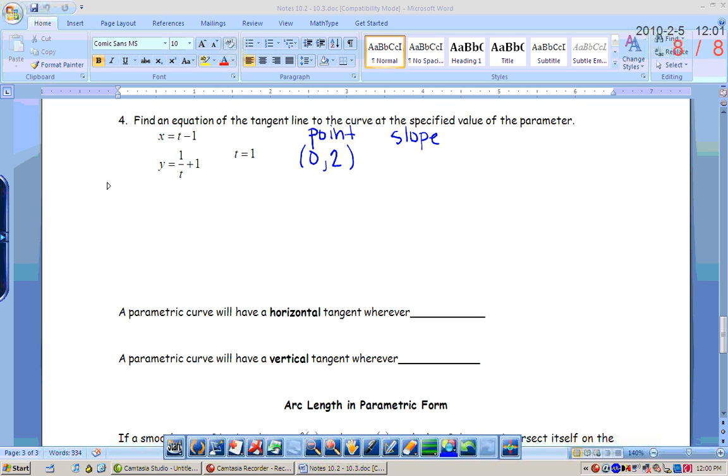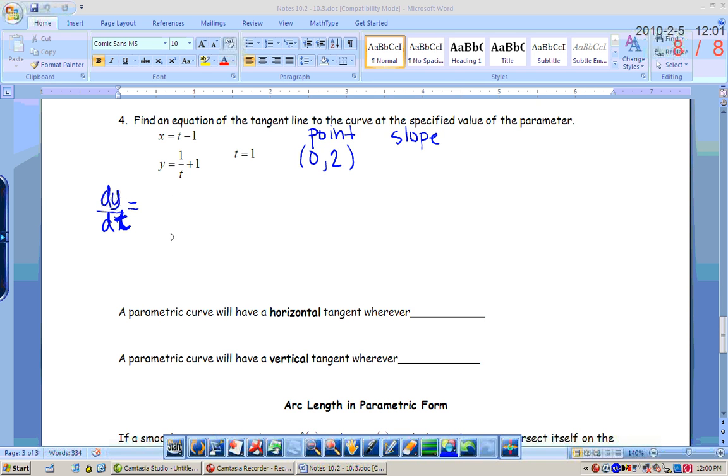All right, and then my slope. As you get better at this, I'm okay if... I'm trying to decide if I want you to write out dy/dt and dx/dt. I think I do, in case you have to take a second derivative, then it's really obvious what your original dx/dt was.